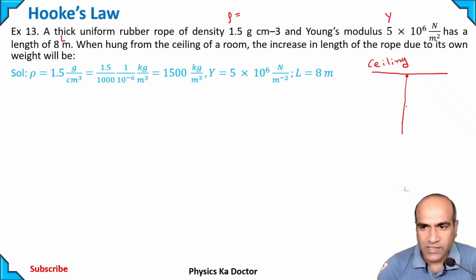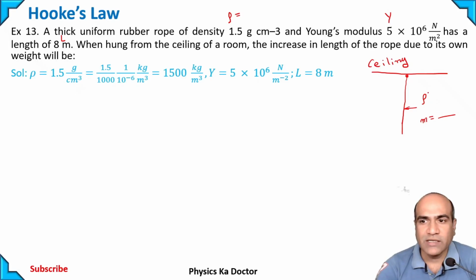So see, this rope, the density is given, right? From the density, can we find what amount of mass is offered by this rope? So we know that mass is equal to what?